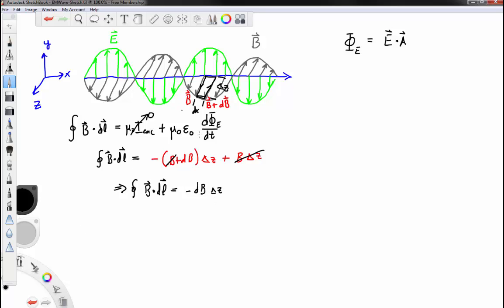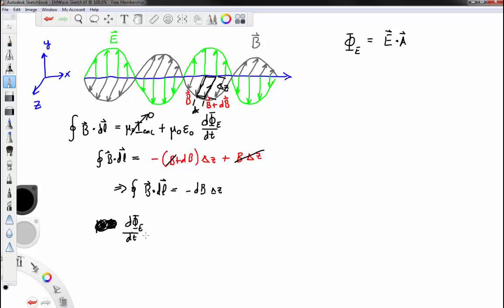So now we need to do this other side. So mu naught times epsilon naught times d phi E by dt. Let's actually just ditch the mu naught and epsilon naught part because we can plug it in later.